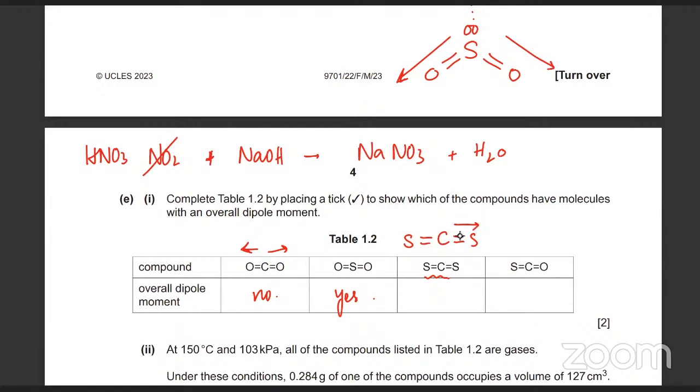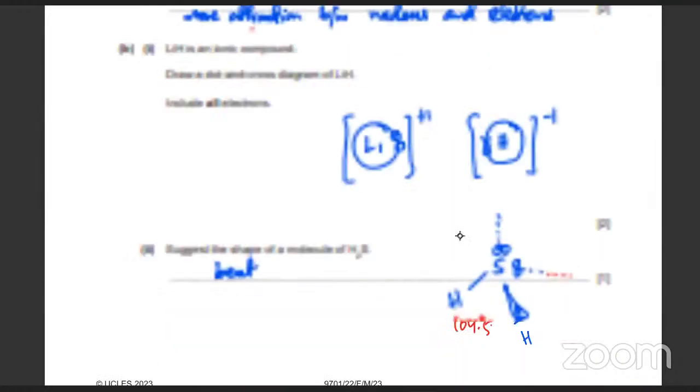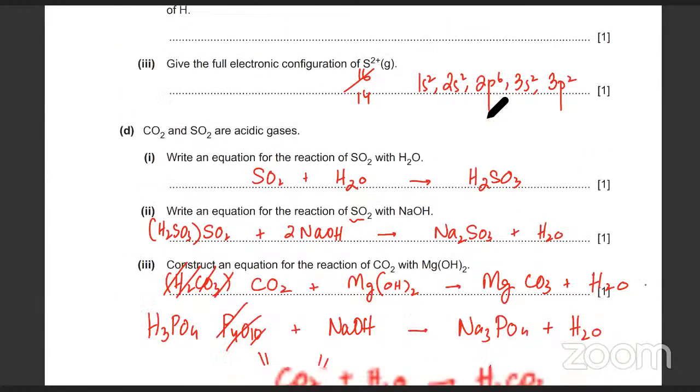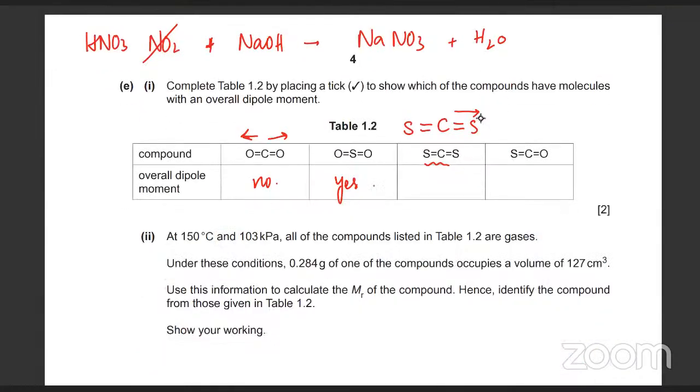Is sulfur the more electronegative one, by the way? Probably it is. It might be given over here. Sulfur is more electronegative compared to carbon. So over here, there's not going to be a dipole. It's going to get cancelled out.